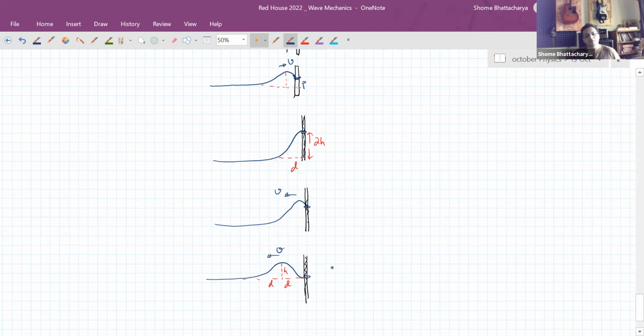Okay, so the reflected pulse is in phase. That is, there is no phase inversion with respect to the incident pulse.